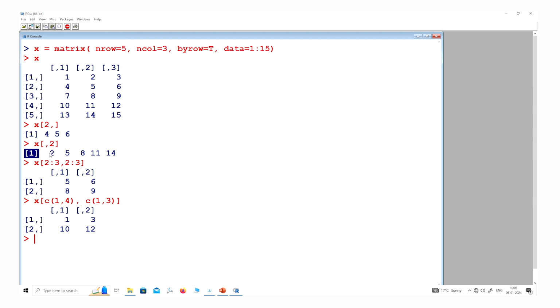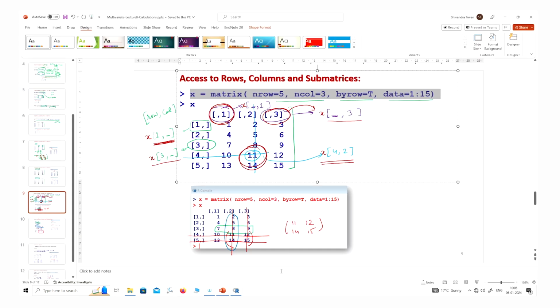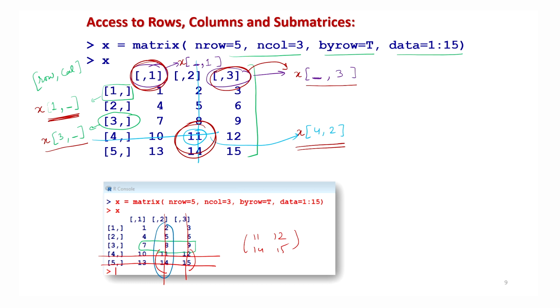This is also here 1 and then 2, 5, 8, 11, 14. So my question to you is, if I hide this and give you only the outcome 4, 5, 6 and 2, 5, 8, 11, 14, can you really identify whether this outcome is for a row or a column?